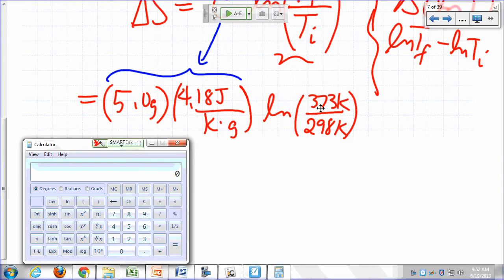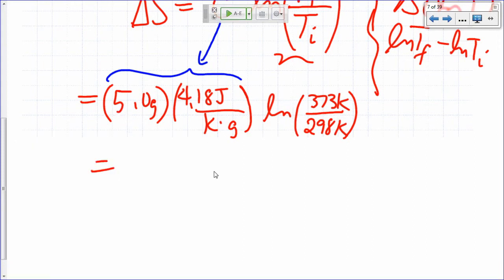Let me say 373 first over 298. 373 divided by 298, and I take the natural log of that. So that's 0.224 times 4.18 times 5. That gives you 4.69, so 2 sig figs, since 5.0 is only 2 sig figs. So 4.7 joules per Kelvin.